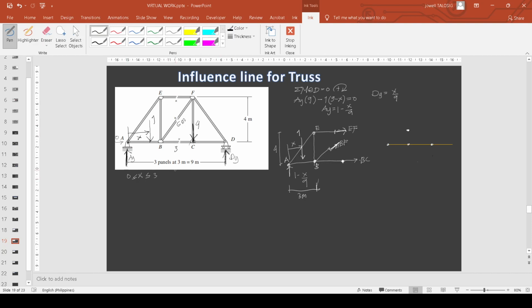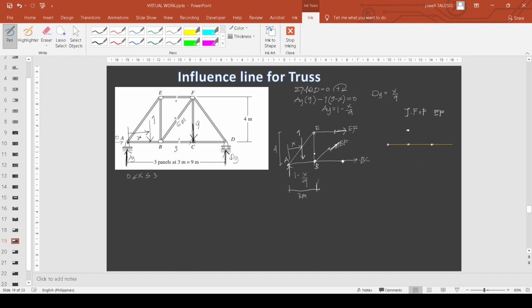Okay? So, let's solve that. So, lagay ko lang dito, no? Alright, so, influence line of member EF. Okay, so, yan na yan, no? So, magiging ganito yung tsura.